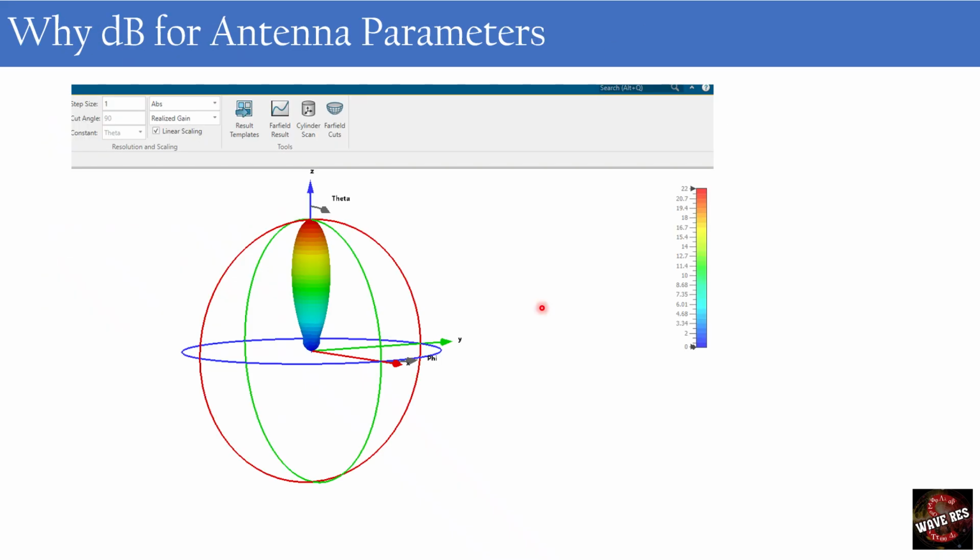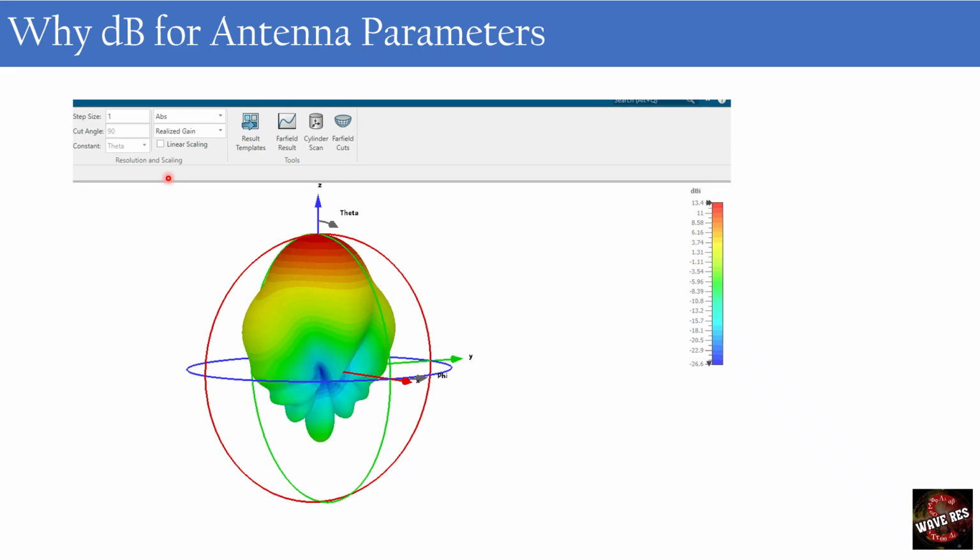Let's see why dB scaling is most important for antenna parameters like realized gain. Here I have considered the realized gain in linear scaling. You can see only one main lobe, and no other information like side lobes is visible with this scaling. This is the dB scaled version of the same realized gain. Here you can see that lots of information like side lobe level and back lobe level is visible within this dB scaling.